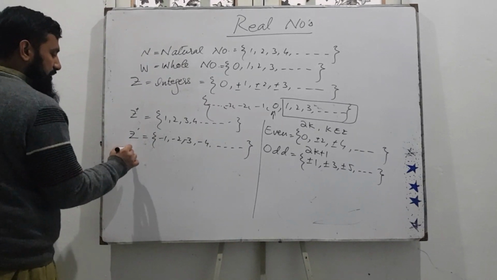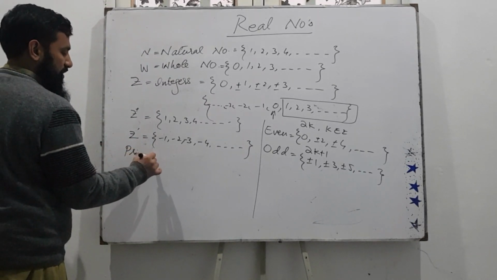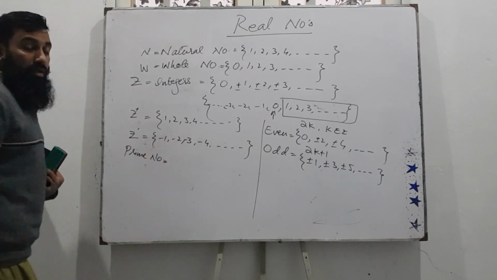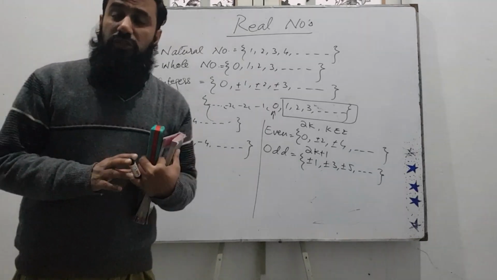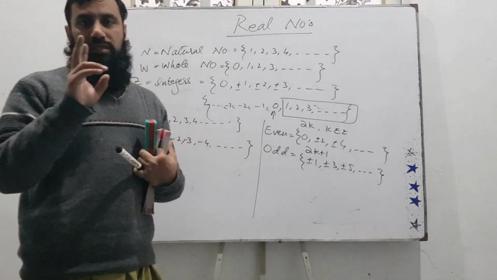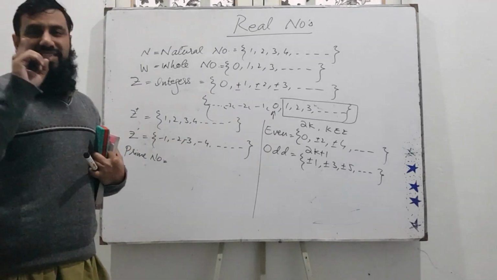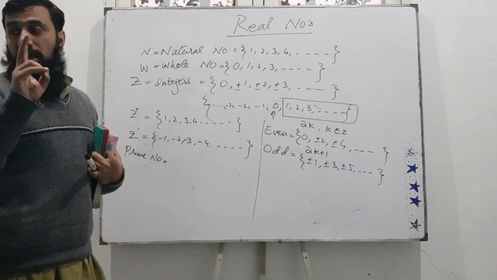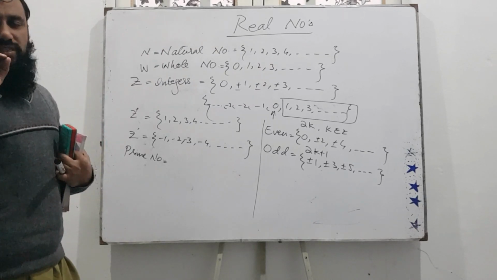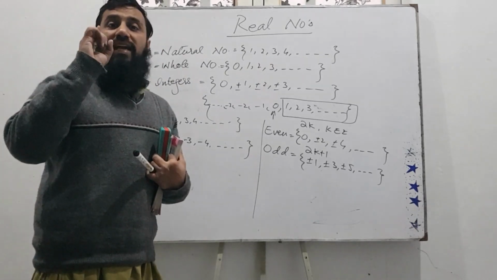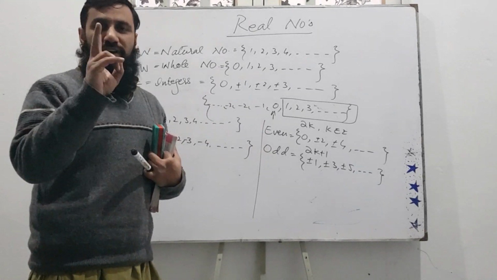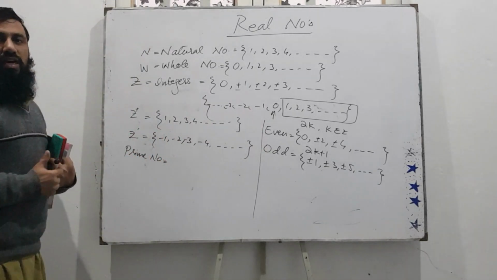Same with prime numbers, we have another set which is the set of prime numbers. A number which is only and only divisible by two numbers, which is only itself or 1. I mean to say, a number which is the factor of only 1 and itself, means it has only two factors. That number is called a prime number.